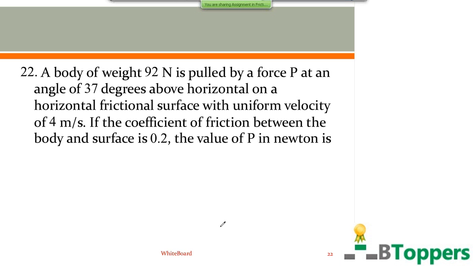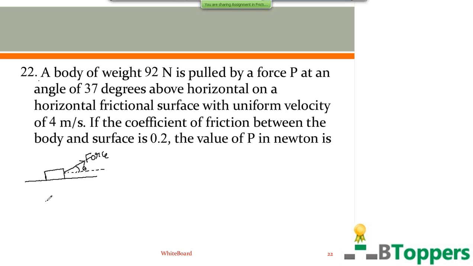So this problem also comes under one of the special cases which I discussed in the past. I have discussed the case where we calculated the minimum pulling force required to start the body moving, when the pulling force is applied at some angle theta above the horizontal.